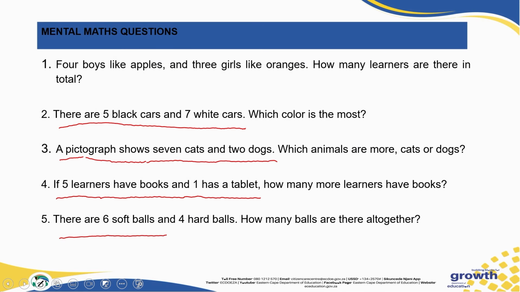Our last question. There are 6 soft balls and 4 hard balls. Now this question number 5 is about balls. Remember, we said 6 soft balls and 4 hard balls. Here is my question, grade ones. Are you ready?